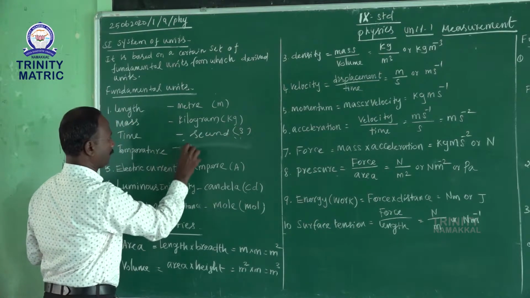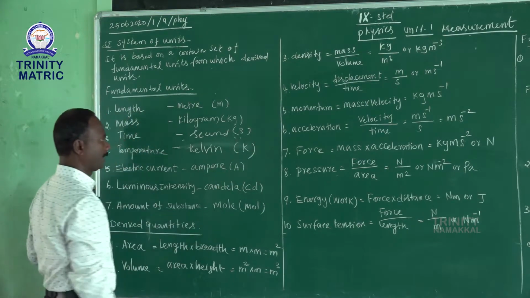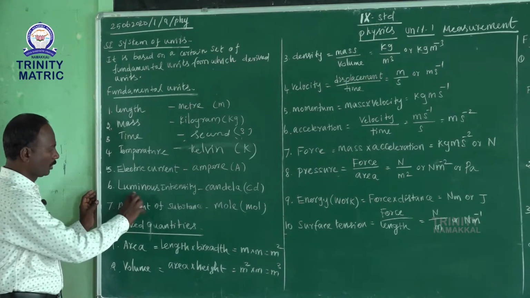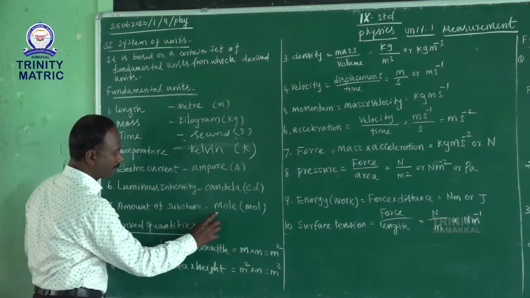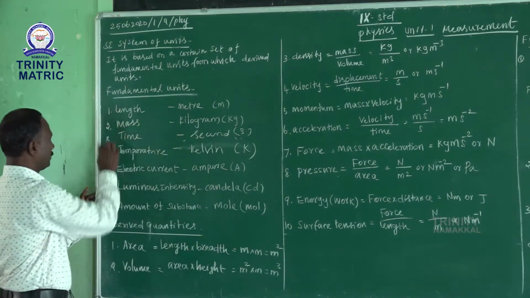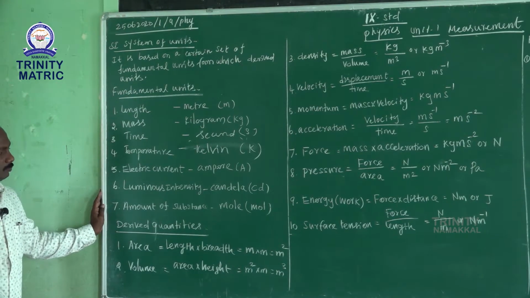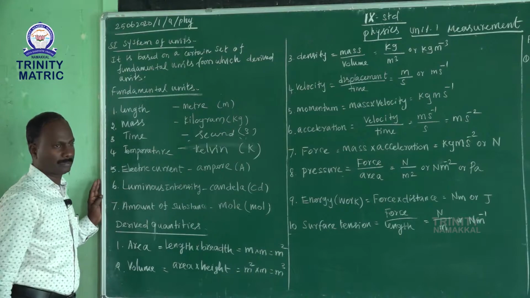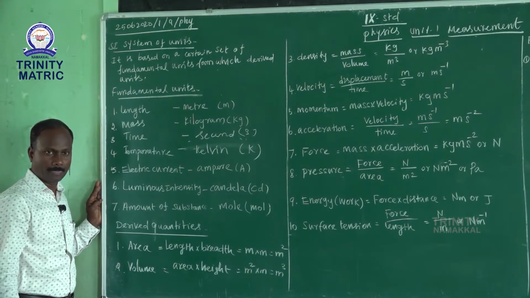Temperature, Kelvin, K. Electric current, ampere. Luminous intensity, candela. Amount of substance, mole. All these 7 quantities are called fundamental quantities. And also there are 2 supplementary quantities you will learn in a higher class, radian and steradian.